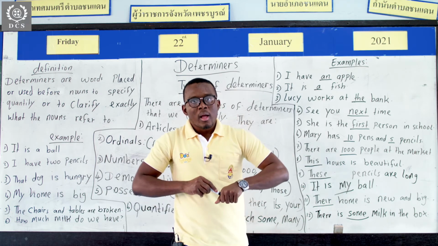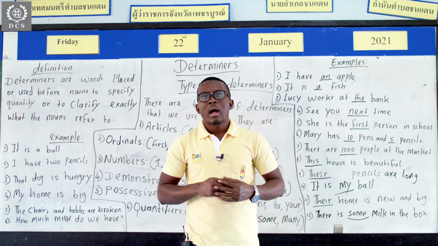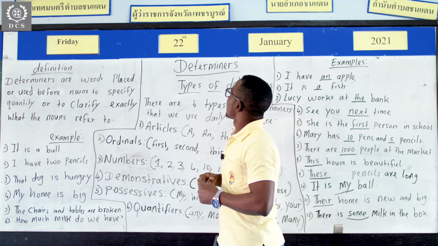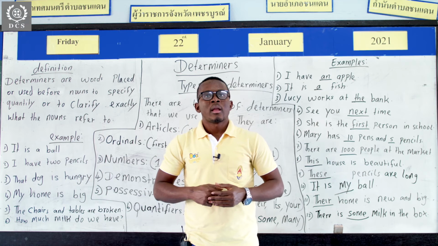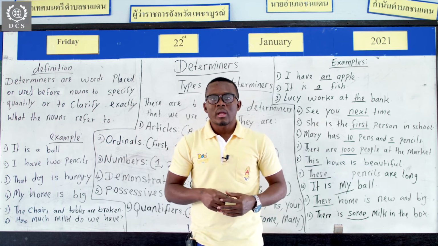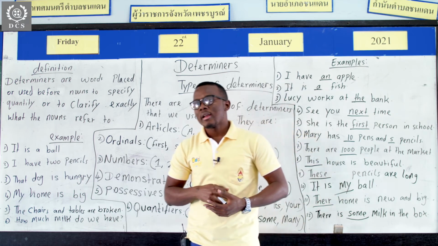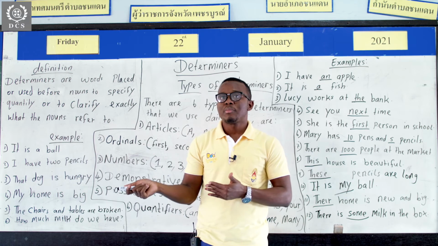So let's go over the lesson one more time, and let's start again from here so that you can understand very clearly. Like I mentioned, in our lesson today, we are learning about determinants, and determinants are one part of speech.